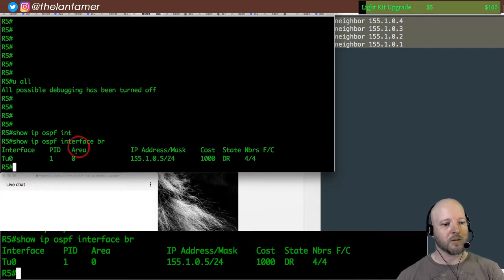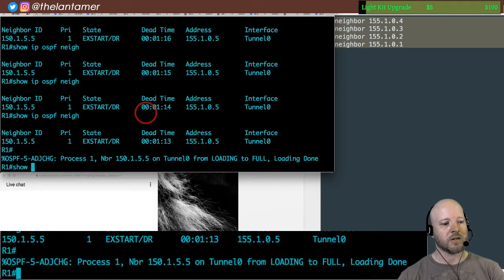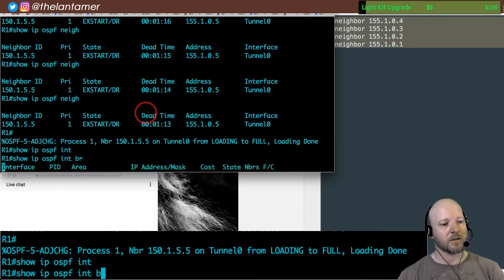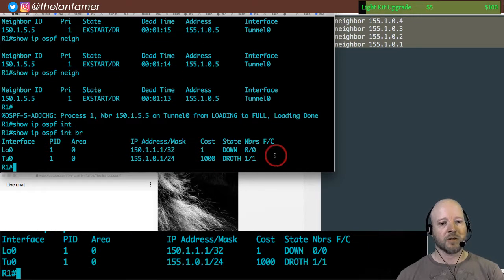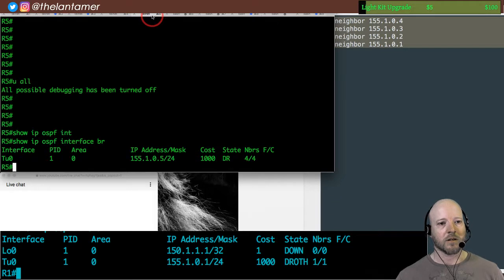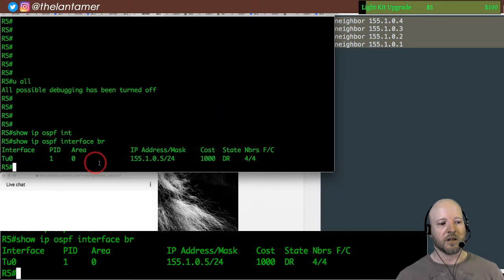So it is enabled, area 0. Show IP OSPF interface brief. It's also enabled. Tunnel 0, it says state DR other. And it says DR. I thought we put the priority.